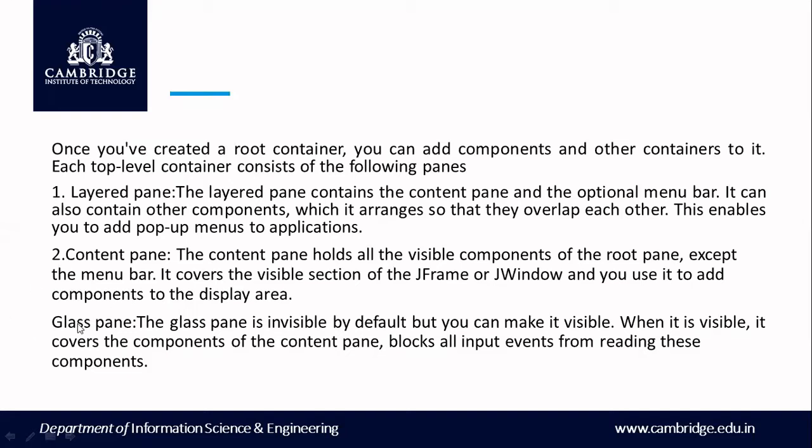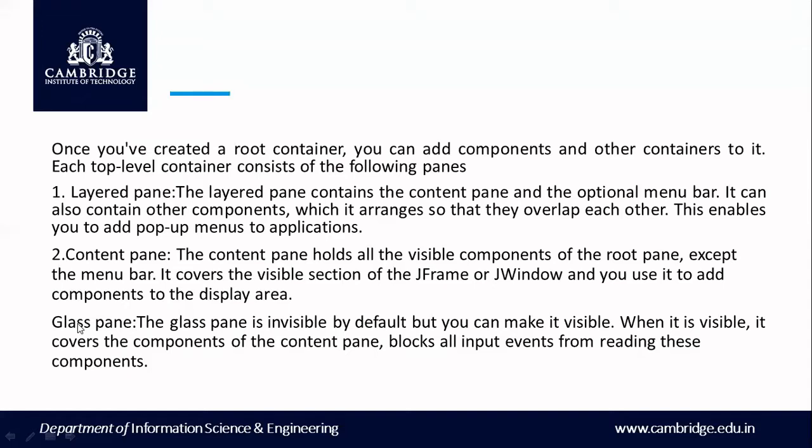So understand that first there will be a root container. Into the root container, you can add several components, and you can also add some sub-containers. Now this root container consists of three panes, or three layers. The first one is the layered pane.